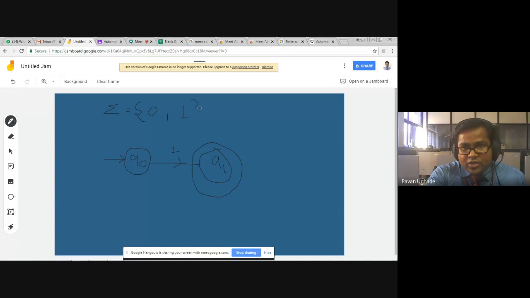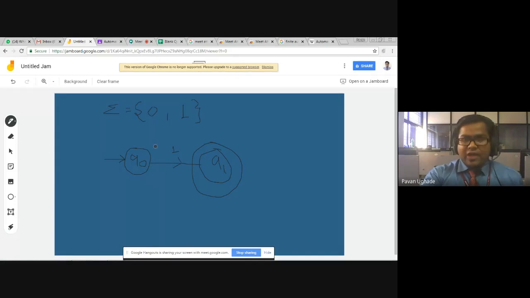Now, in a deterministic finite automaton, for every state, there should be a transition on each and every alphabet. This is a very important statement that I made now. For every state, there should be a transition over each and every alphabet. How many alphabets do I have? I have two alphabets, zeros and ones.